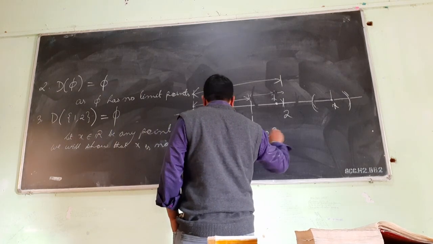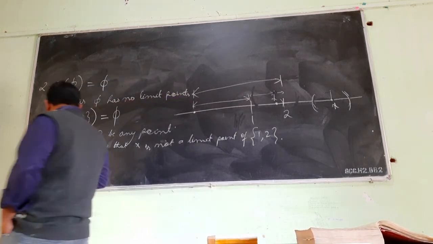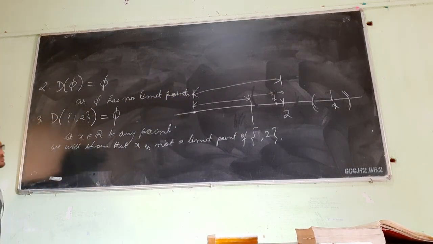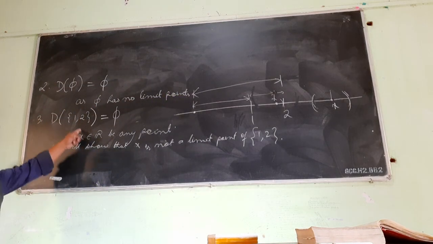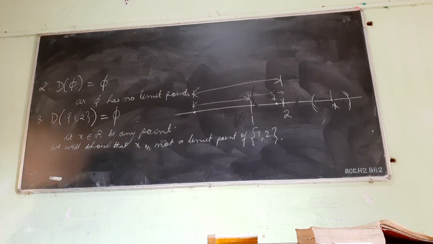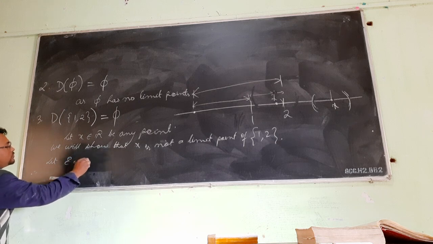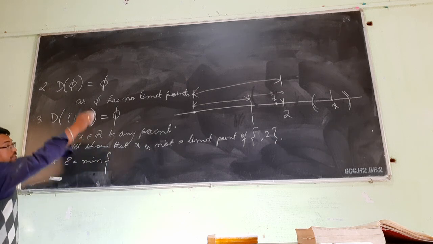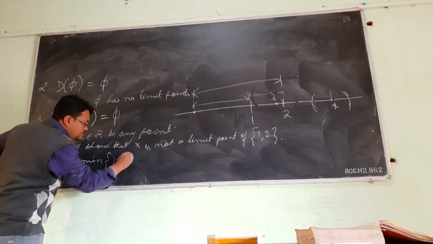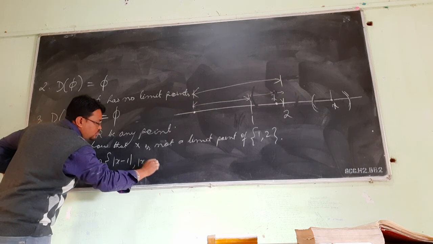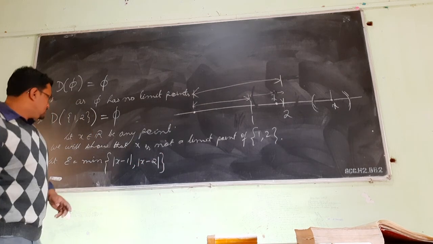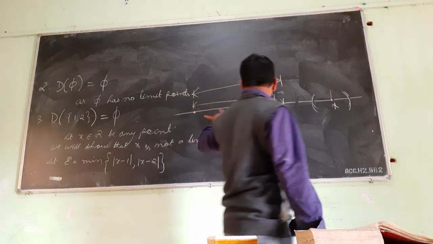Not a limit point means there is some epsilon neighborhood which does not contain any point of the set. So let epsilon equal the minimum of the distances between these two, |x - 1| and |x - 2|. Epsilon is the minimum of these two distances.